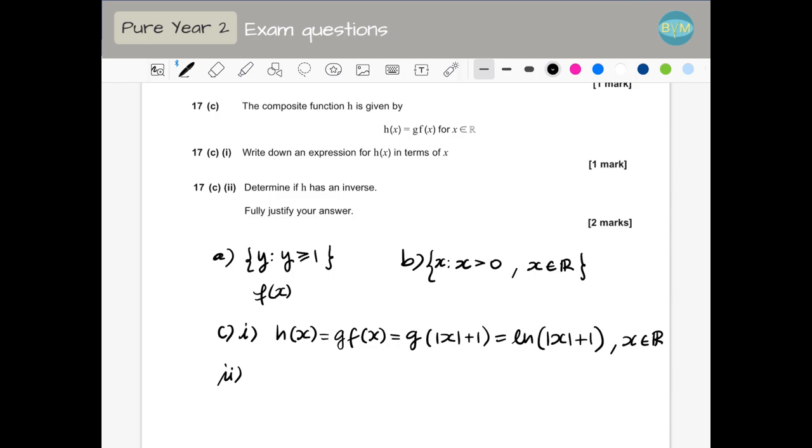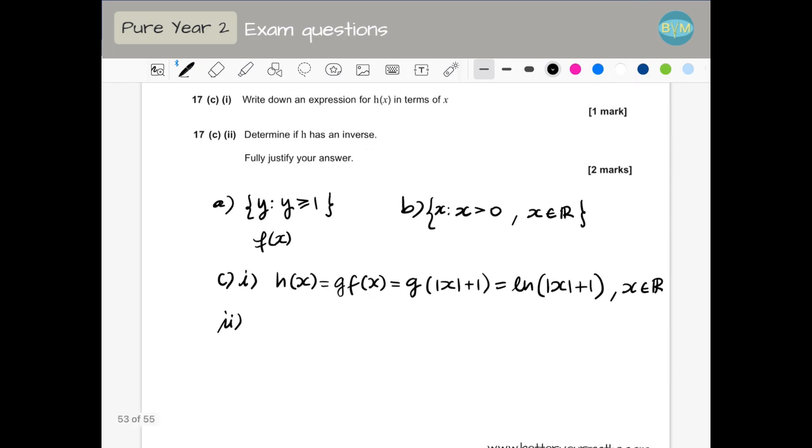So that's what you can say: the function has no inverse because it's not one to one.